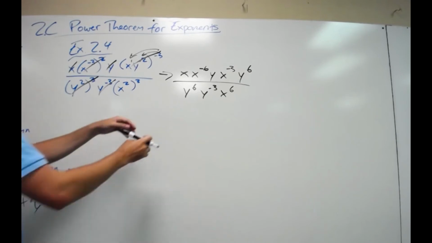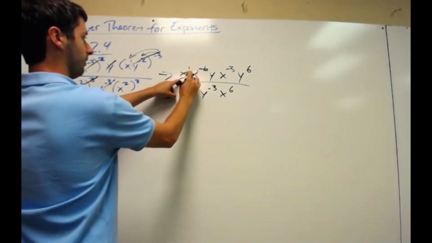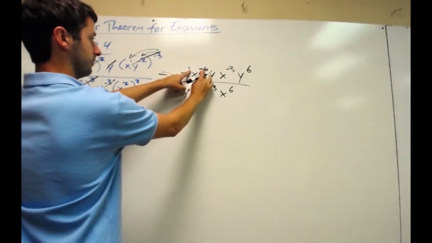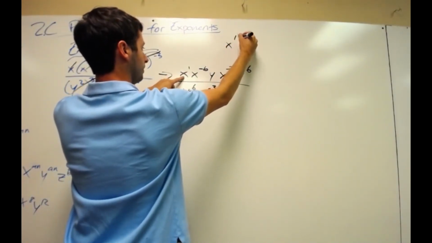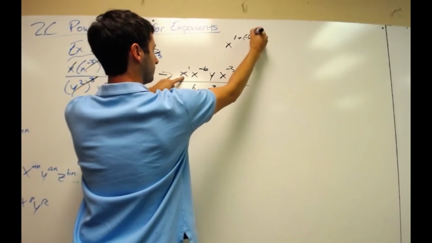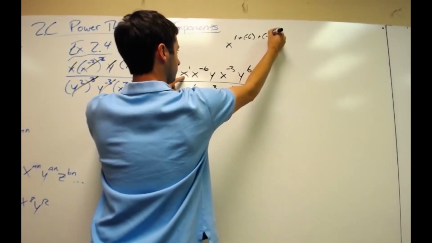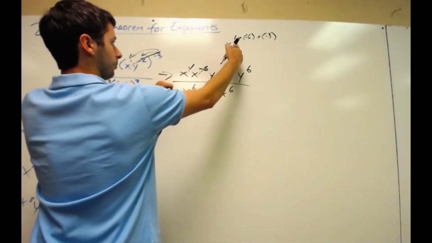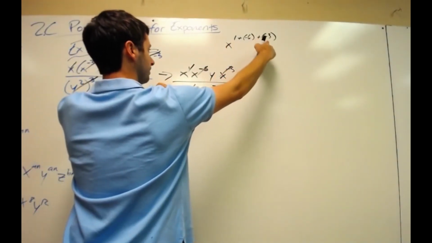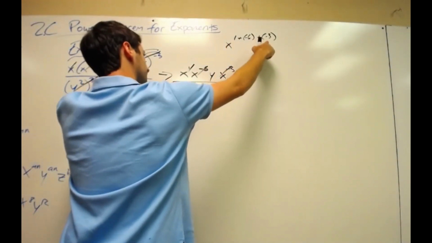So we simplify x to the 1st power plus negative 6. I'm just going to go ahead and write all the numbers for x. 1 plus negative 6 plus negative 3. And you can just say minus 3 if you want. Is 1 minus 6, negative 5. Minus 3, negative 8.